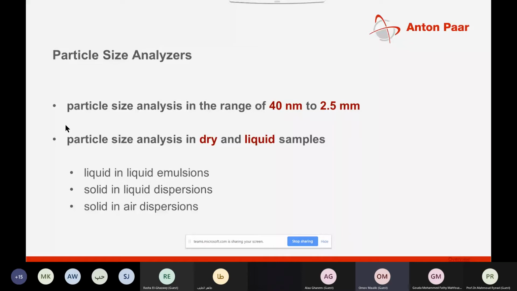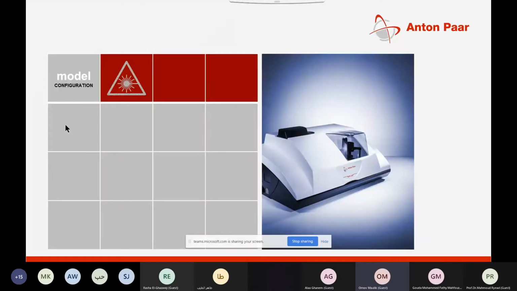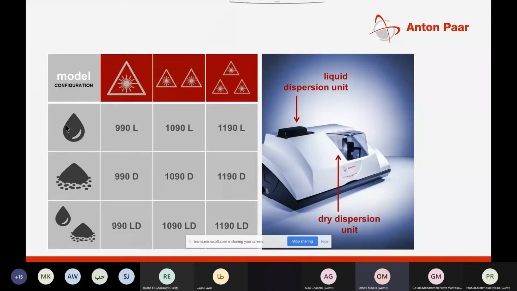If you want to measure below 40 nanometers, then DLS is the technique which would be very helpful for you. Now, the models we have for the laser diffraction technique are divided into three parts. We have our base model, the 990, which can measure from 200 nanometers to 500 micrometers.